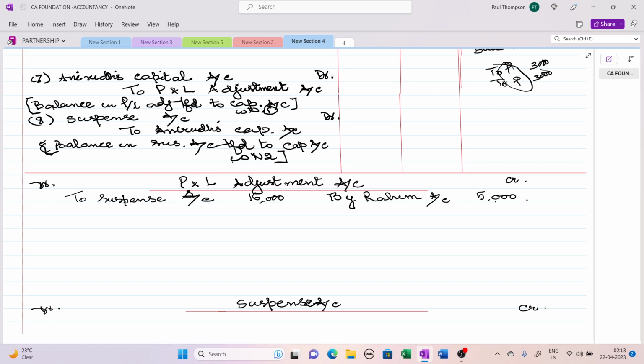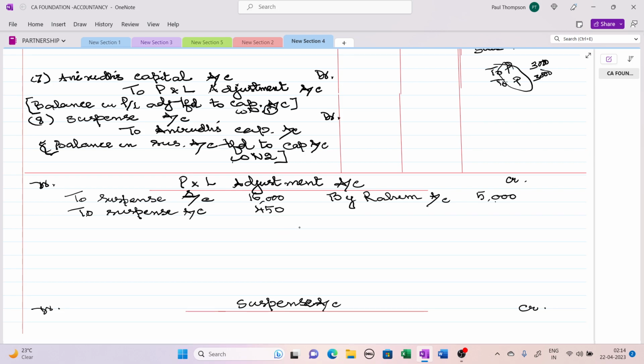Okay. Next item is Anubhav and Ashok will not appear here. Next one is PL adjustment is debited to suspense account 450 rupees. Excess of sales figure written by 450 rupees to suspense account, 450 rupees. So these are all excess credit written. Okay.